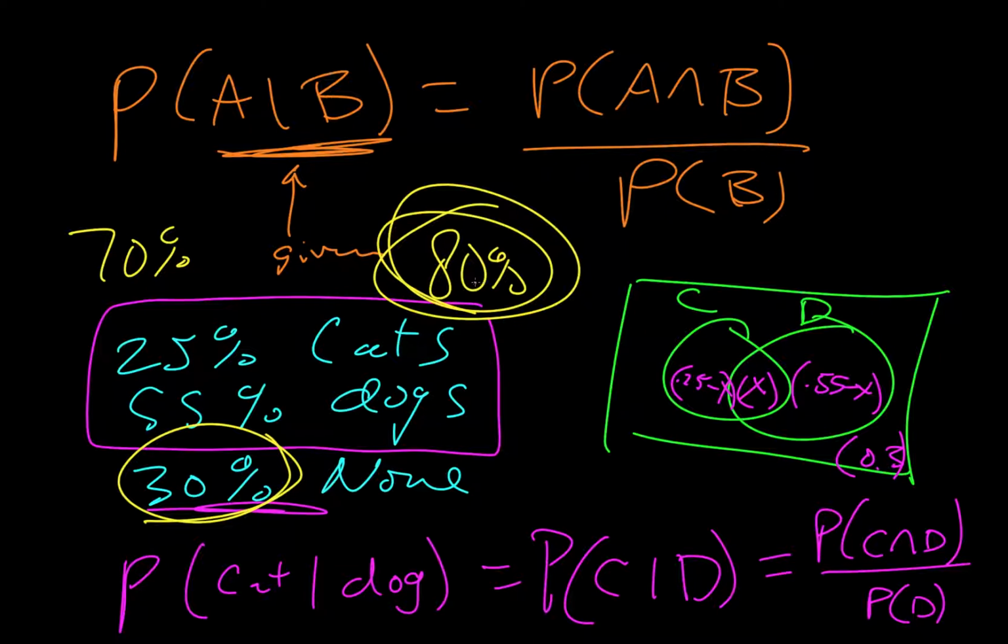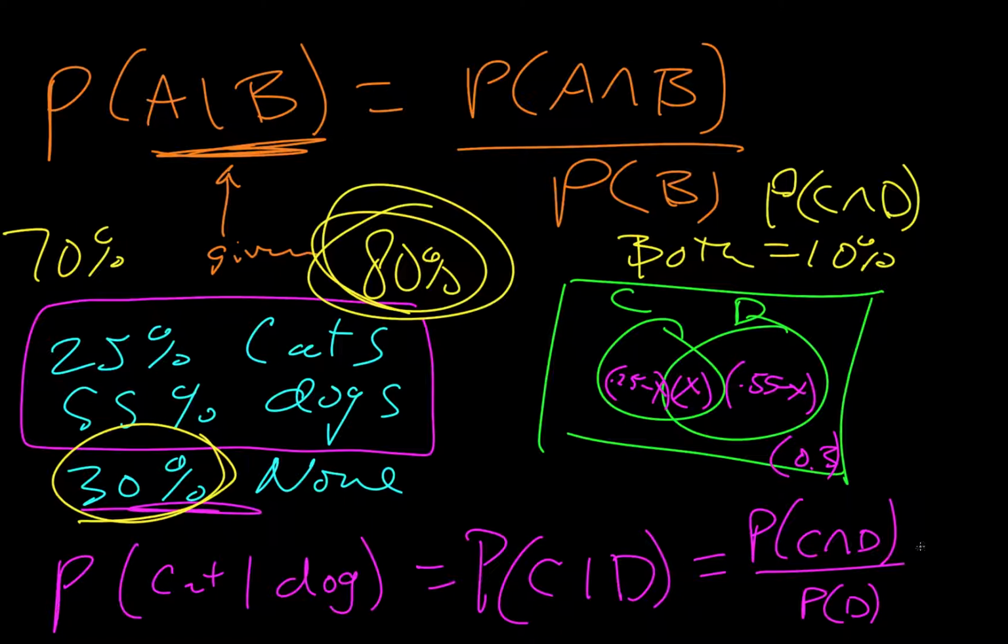So we know that 10% of these have both. So we're going to say both equals 10%, which means that P of C and D also equals 10%.